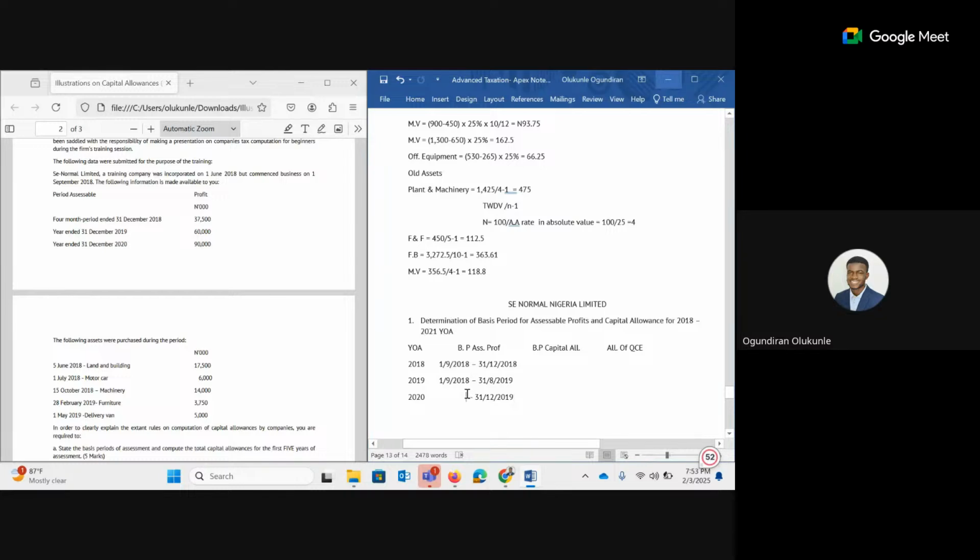If you count 12 months backward, you will start from 1/1/2019, so that we won't have to start finding ourselves. It will be 1/1/2018. But is there anything wrong with what I have done on the screen? Yes, it's overlapping. Good, there's overlapping.